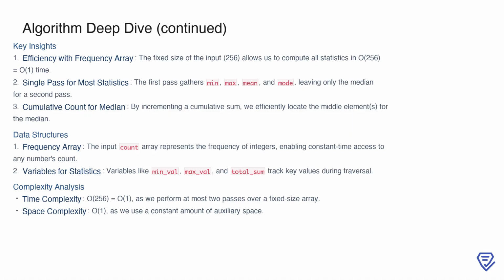Additionally, we use a few auxiliary variables like min_val, max_val, total_sum, and total_count to track key statistics during traversal. Importantly, the space complexity remains O(1), since we only use a fixed amount of extra space regardless of the dataset size. This combination of efficiency and simplicity makes the algorithm highly scalable.